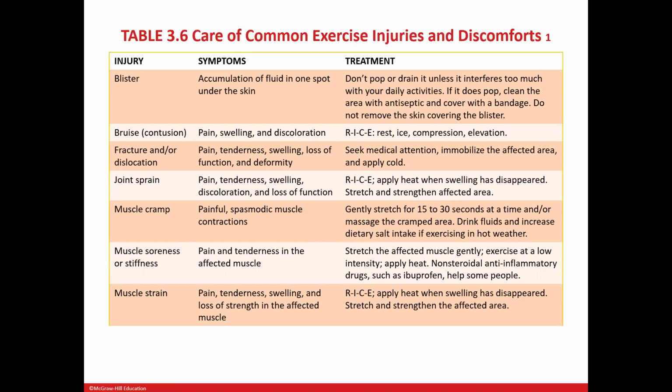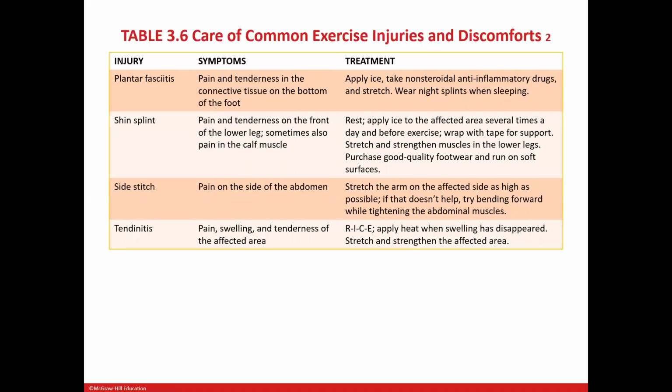A blister, I'm sure everybody has gotten one as they grew up, is just a little sack of fluid in one spot underneath the skin. With a bruise, you have pain, swelling, and also discoloration. A muscle strain is pain, tenderness, swelling, and loss of strength in the affected part of the body.